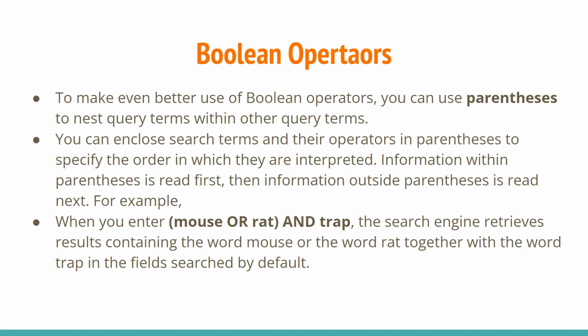So that way, using those parentheses around the mouse and rat helps us know that the trap is going to apply to either one of them. It's not mouse or rat trap, it's mouse trap or rat trap. So that way you can find the articles or resources you're looking for. Just kind of like in math as well, the same basic concept of using parentheses so that it knows to carry it over to both sides of the equation.